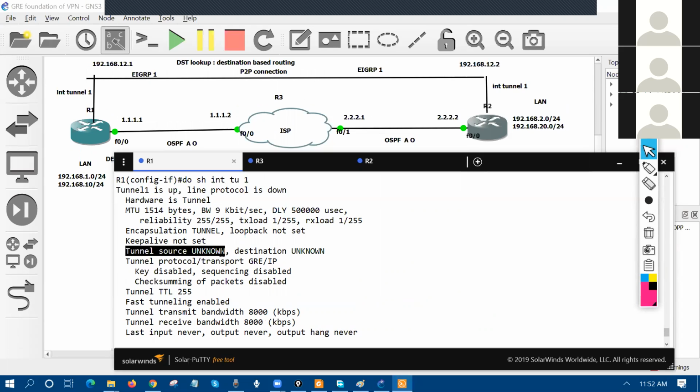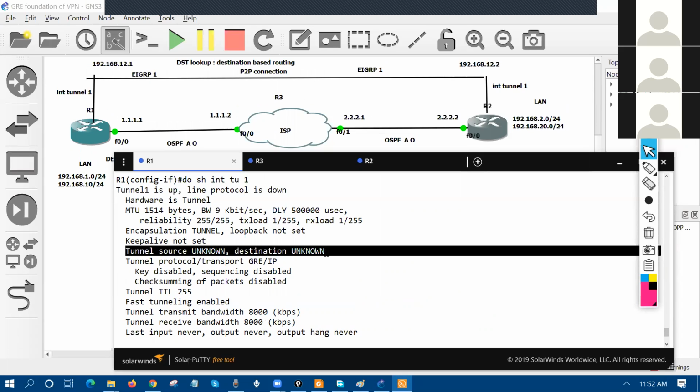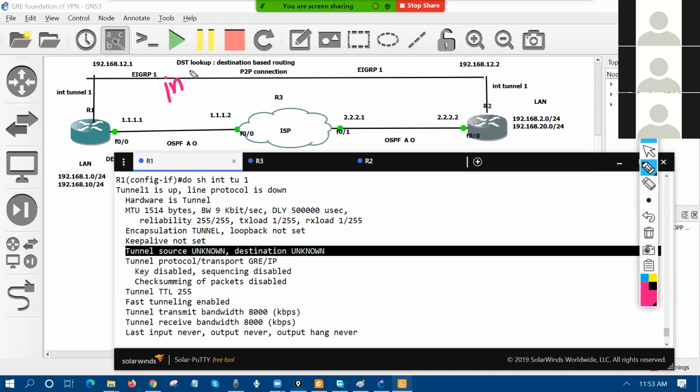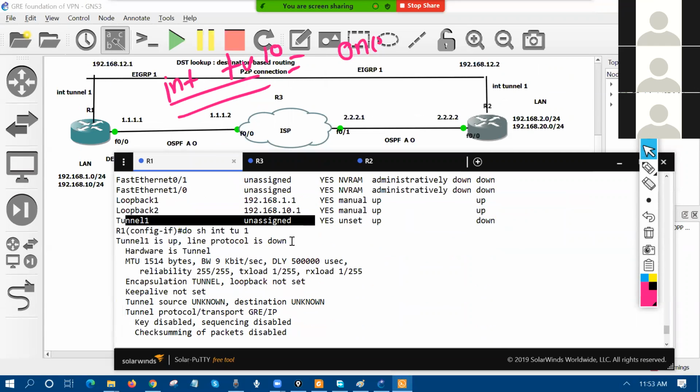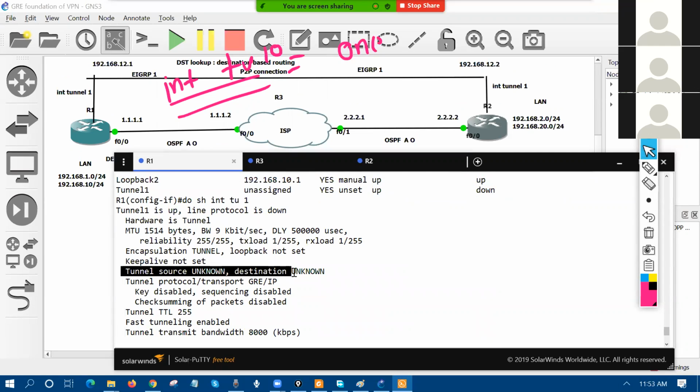The source is unknown right now, and the destination is unknown. So I created interface tunnel 1, and one logical interface is created, but it doesn't have any source or destination.